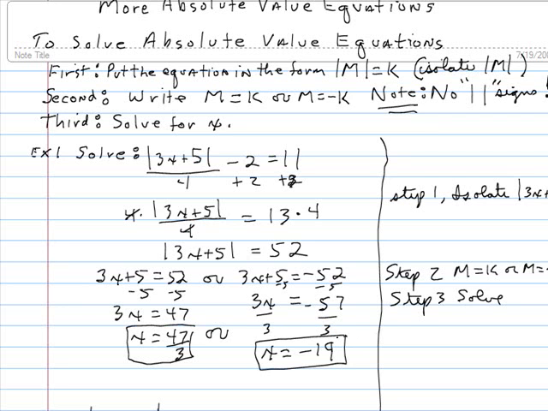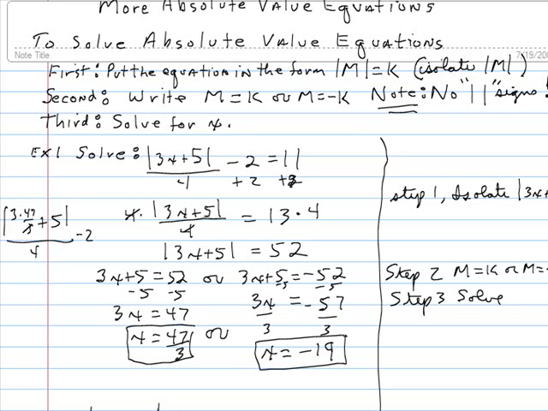If you go back to the original and plug in the 47 thirds, you have the absolute value of 3 times 47 thirds. That's times, not 3 and 47 thirds. Plus 5 over 4 minus 2.